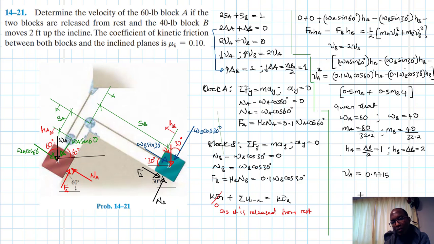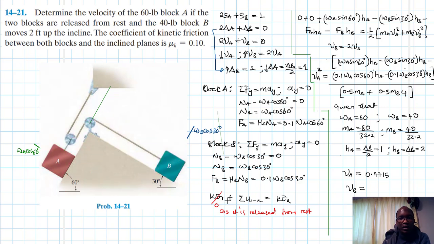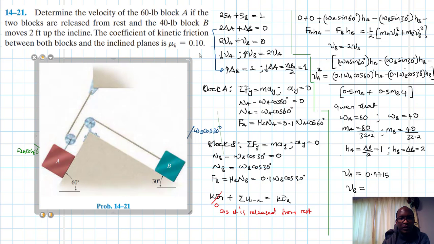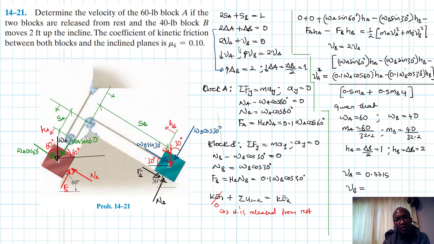We find that our VA is 0.7715. Then working out our VB, we can pick one of the equations here, and this is how they are related.